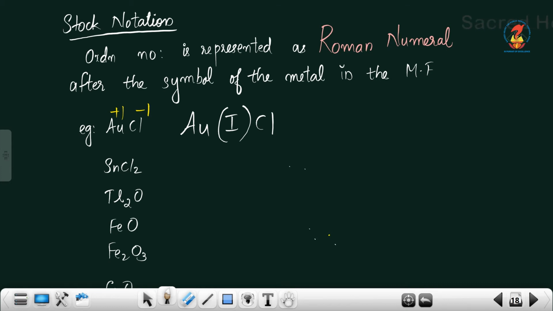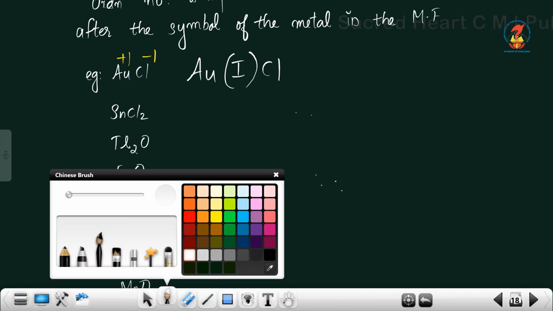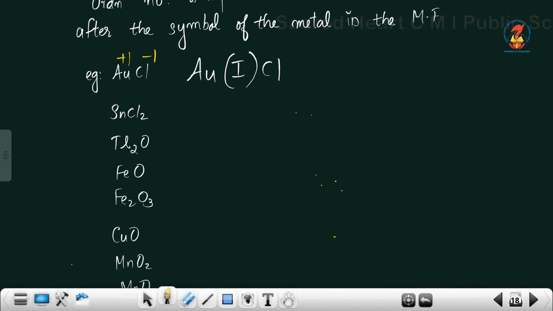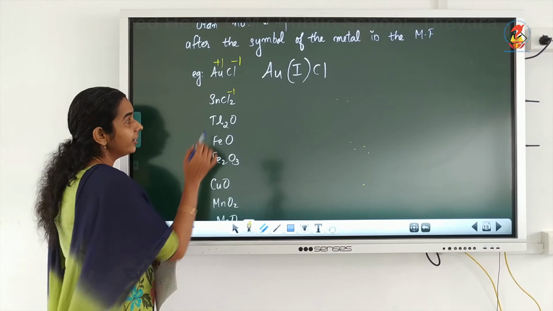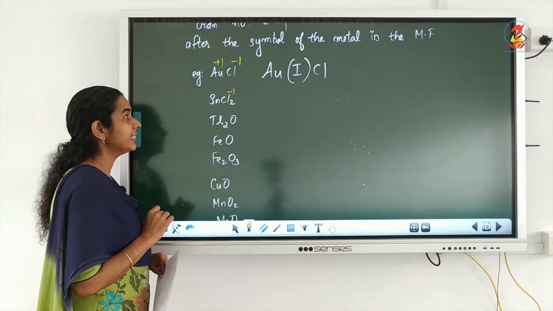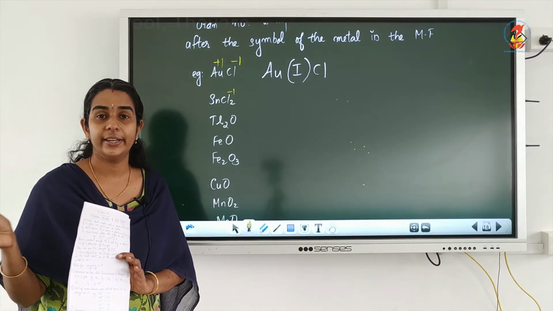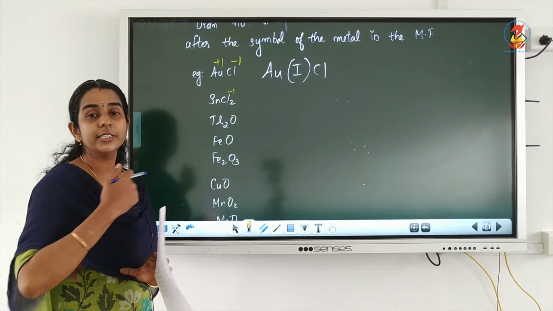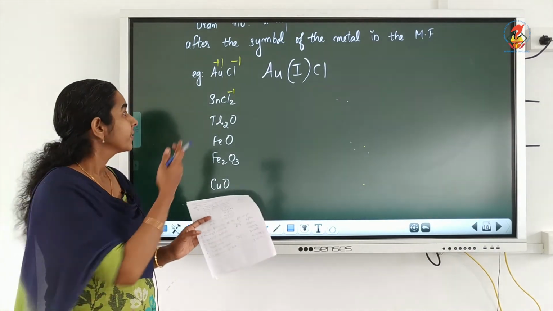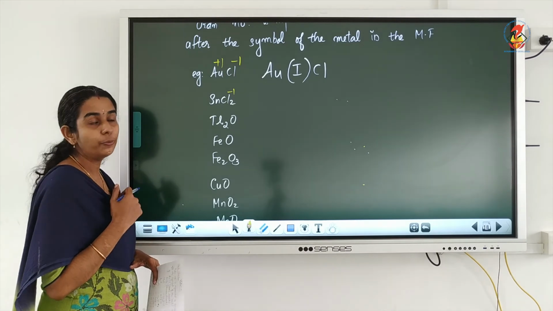Now, the second one is SnCl2. Sn is stannous chloride. Here also a neutral compound is given. So, sum should be 0. Chlorine we know it is minus 1. Minus 1 into 2, it is minus 2. So every time no need to write x and calculate like the first examples. Now you can simply calculate within the molecular formula itself.